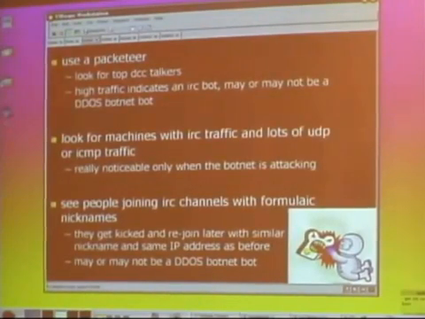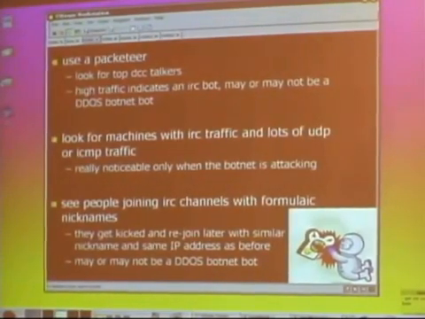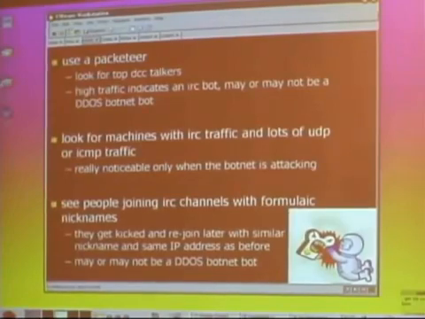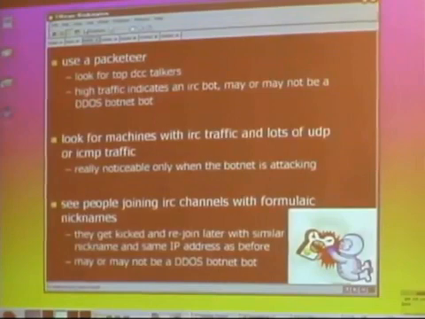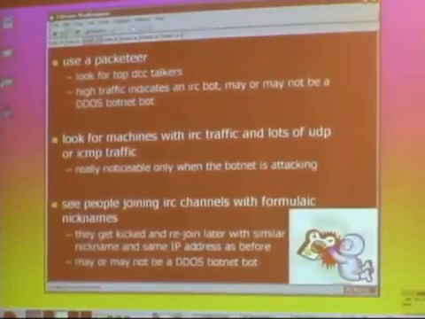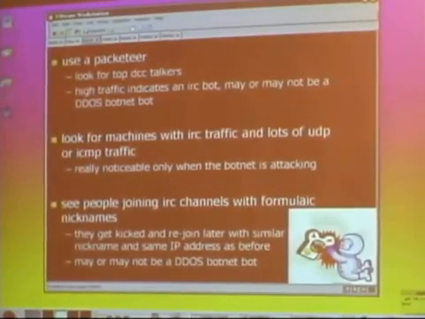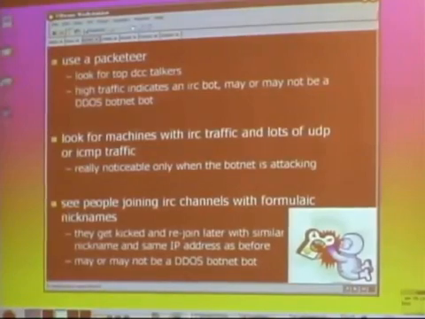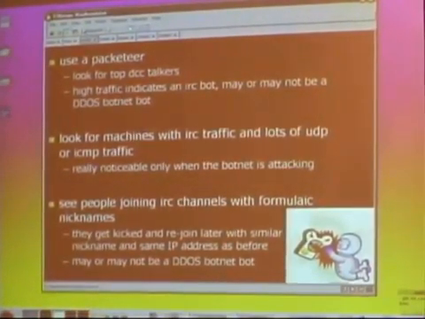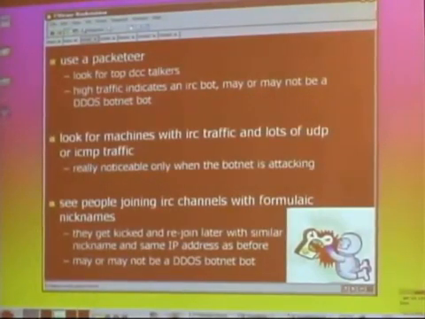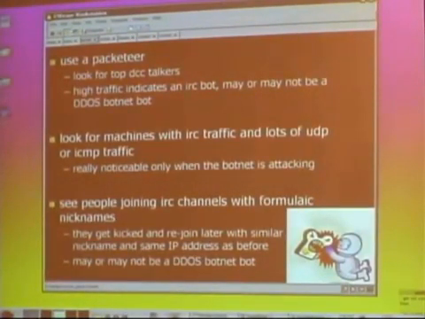You can use a really expensive piece of equipment called a Packeteer, which looks at all the packets on your network and will do sort of, not exactly trend analysis, but it will do things like tell you who's been sending the most files on IRC, or what they call the top DCC talkers. And usually I've found on the university network there's a big difference between hacked people sending DCC traffic and regular people.